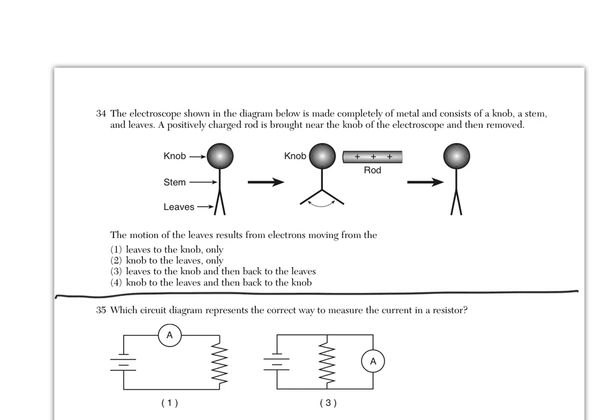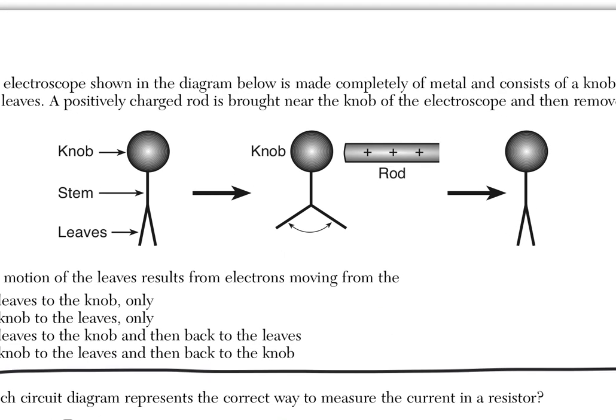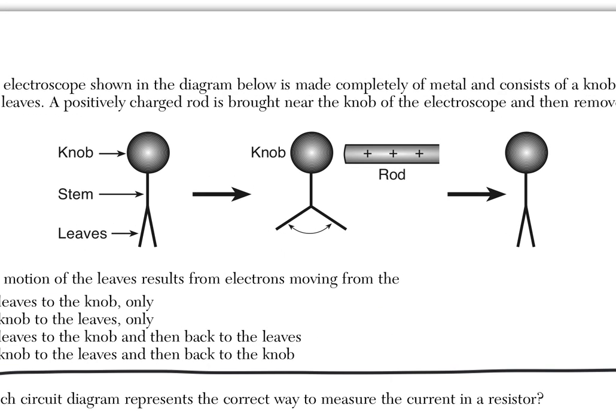34, static electricity. A rod comes by the electroscope and the leaves split. The rod is taken away and the leaves go back to the way they were. Let's draw some pictures here. We have positive charges, evenly distributed, the same positive charges evenly distributed in all cases.